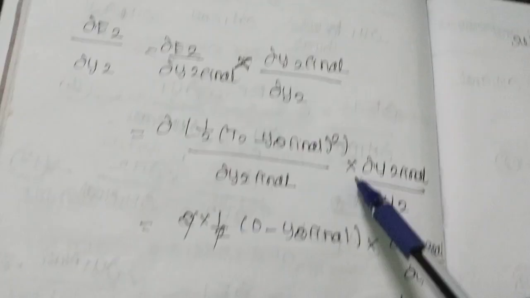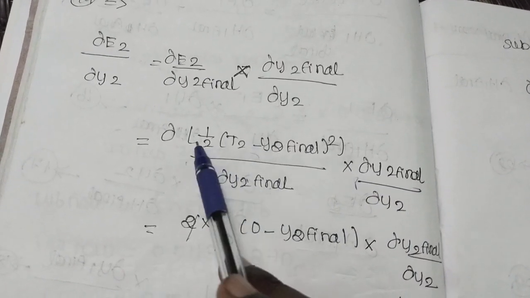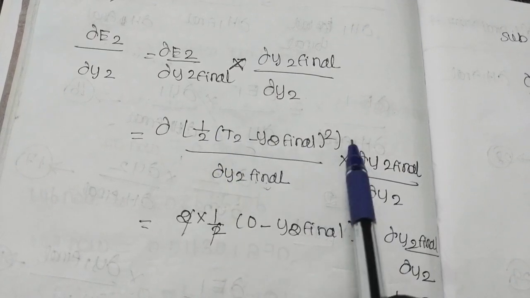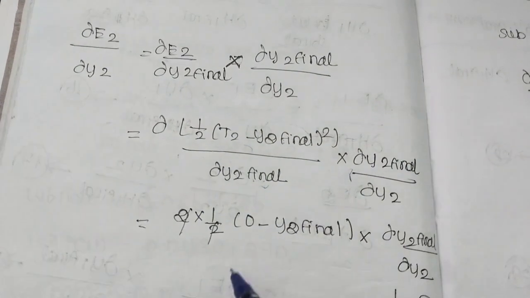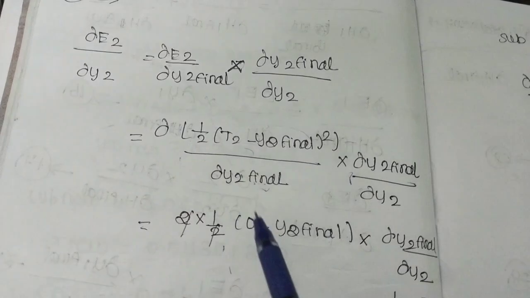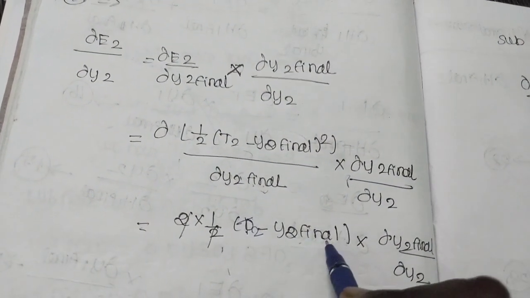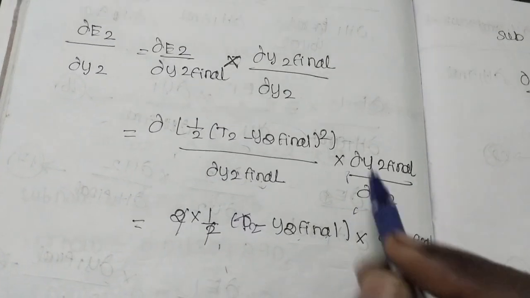I partially differentiate this equation with respect to y2 final: 1/2, the 2 comes here, and (t2 − y2 final) to the power 1.